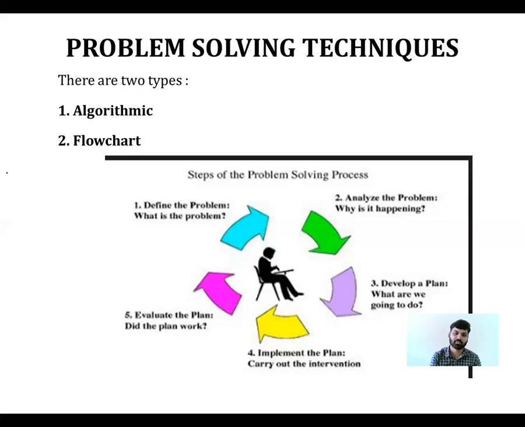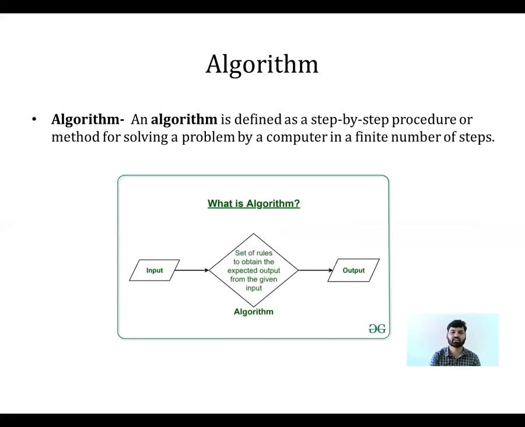Okay, we have studied the first slide. Then we will study what is algorithm. An algorithm is defined as a step-by-step procedure or method for solving a problem by computer in a finite number of steps. Finite number of steps means that we can measure the steps.